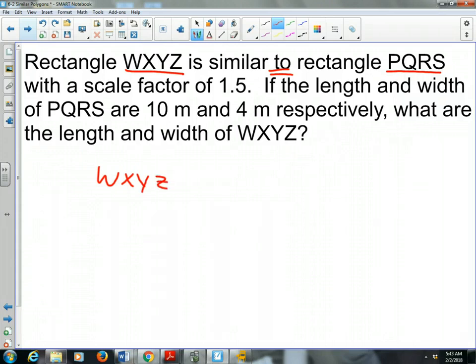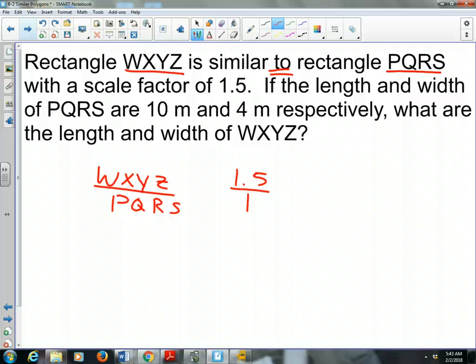WXYZ is similar to PQRS. So if the scale factor is 1.5, that's the ratio of the corresponding side lengths. It's kind of like 1.5 to 1.